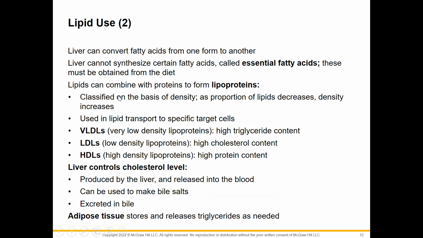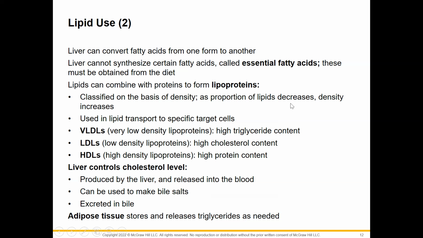These are classified based on their density. How heavy are they? As proportions of lipids decrease, the density increases.